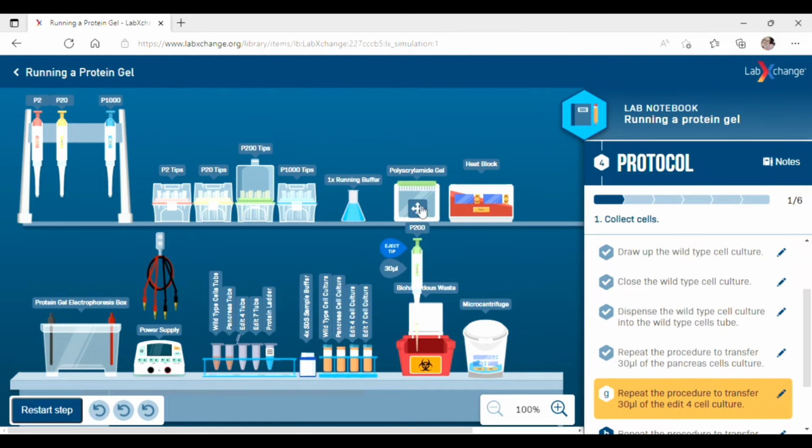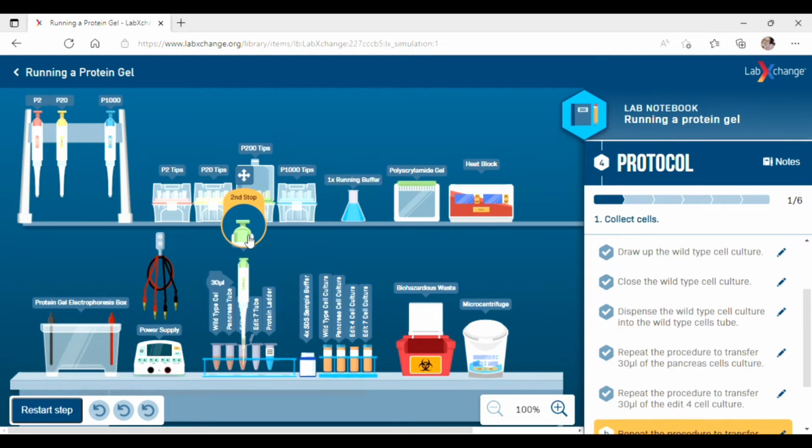Then, repeat the procedure to transfer 30 microliters of the added 4 cell culture. Last but not least, repeat the procedure to transfer 30 microliters of the added 7 cell culture.